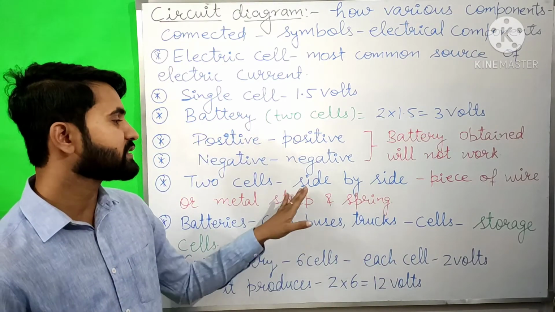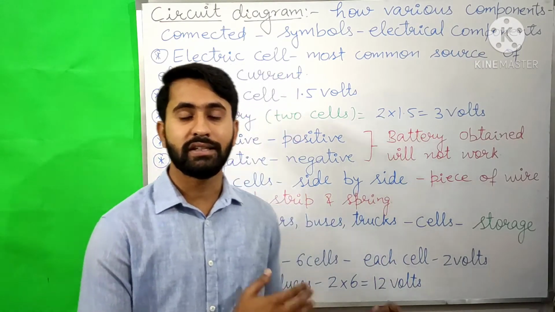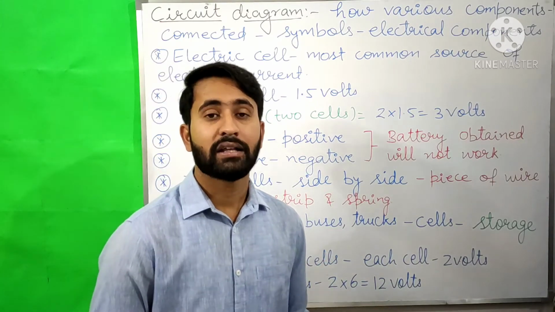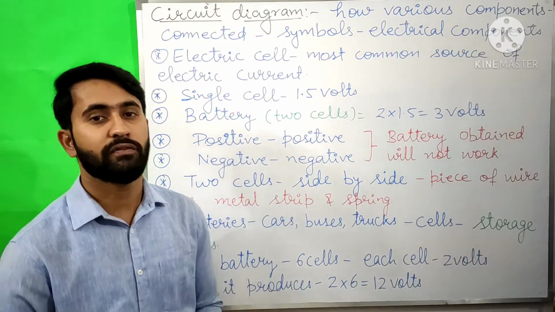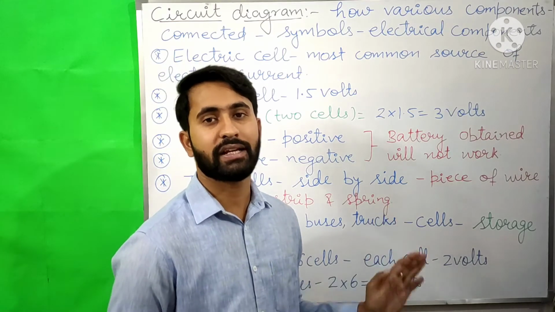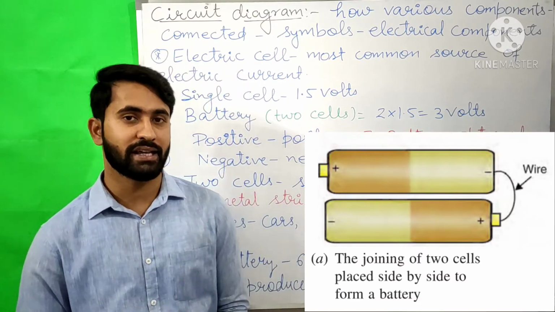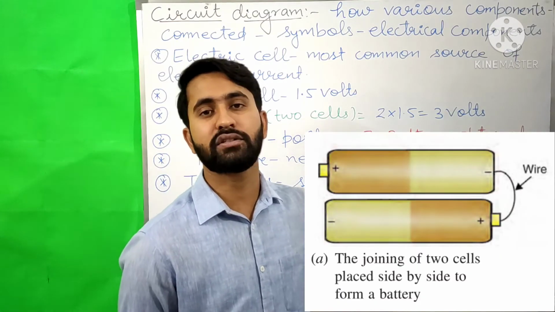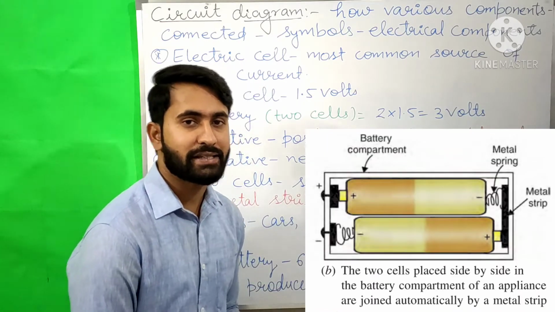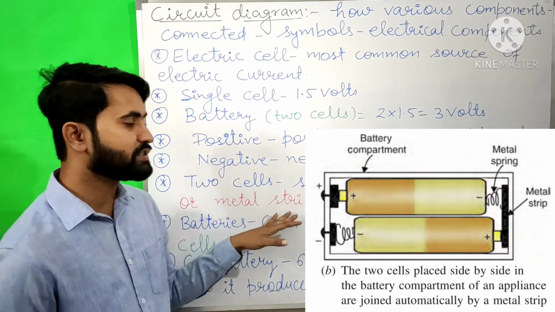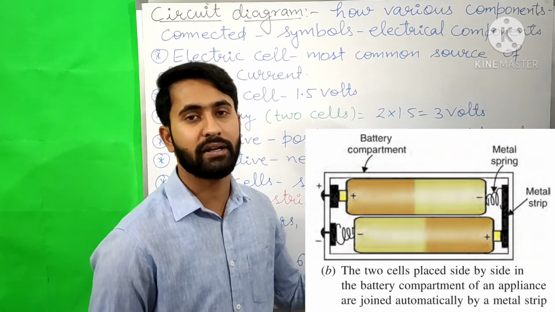They are kept side by side. So in these types of appliances, the positive terminal of one cell is connected with the negative terminal of another cell with the help of a piece of wire, or in some cases we use a metal strip that has a spring on it.